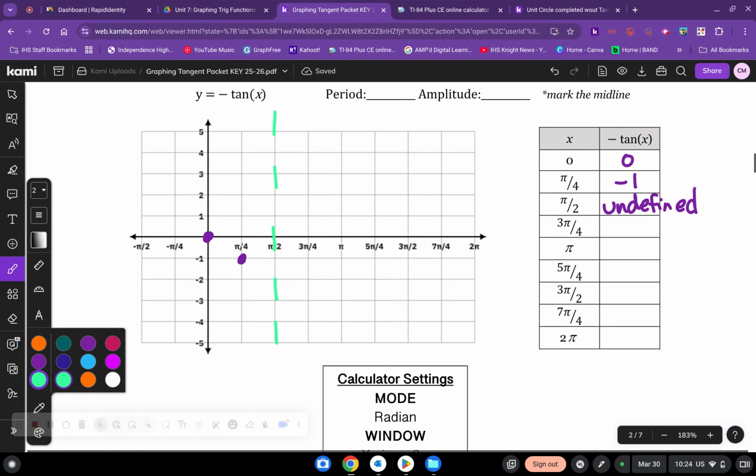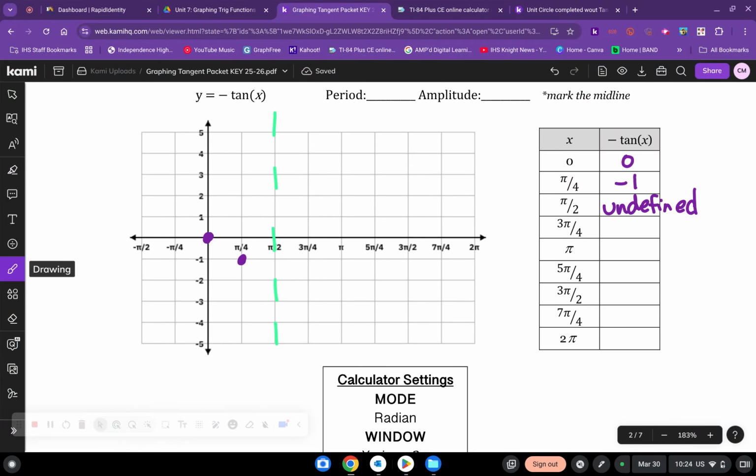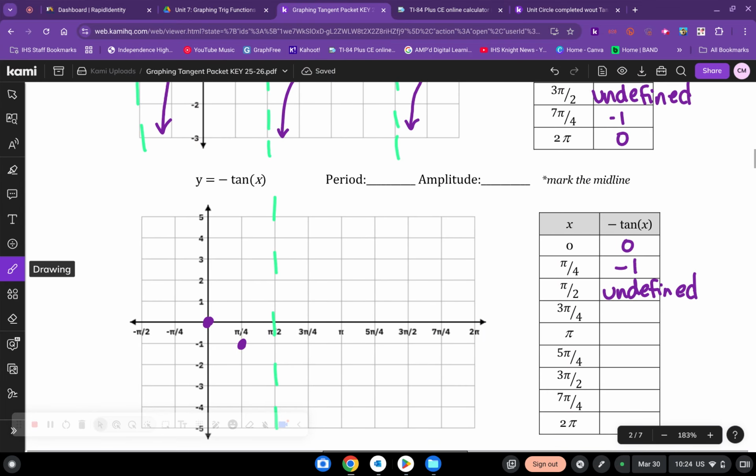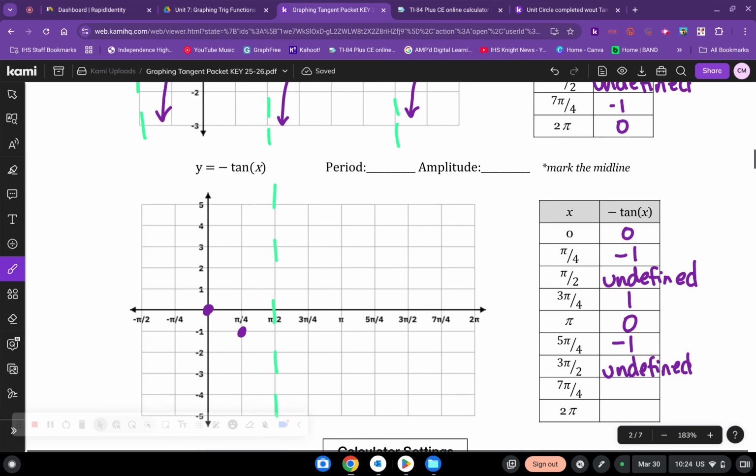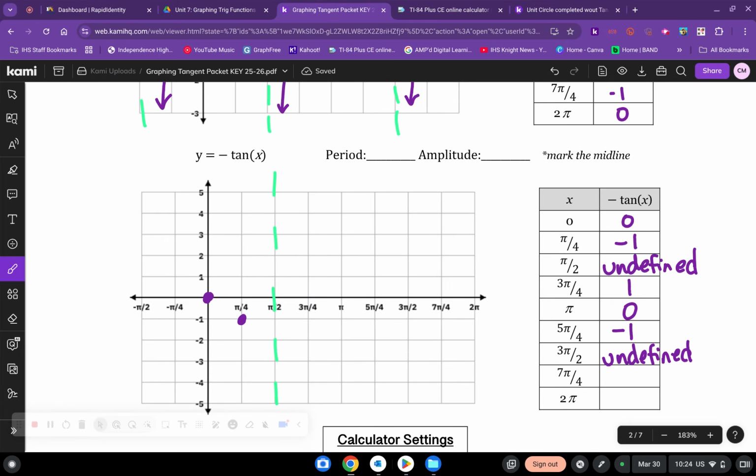The same exact points, but they're not the same coordinates. They're in a different order. This would be 1, 0, -1. So at 3 pi over 4, I'm at positive 1.